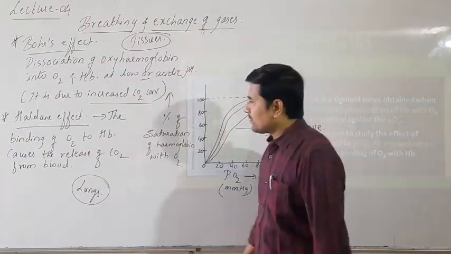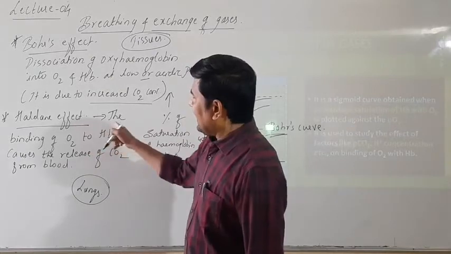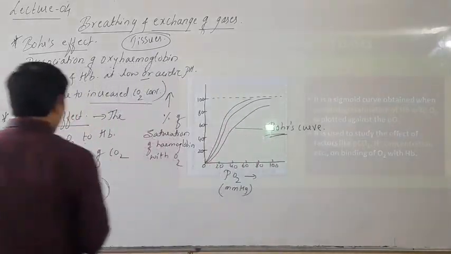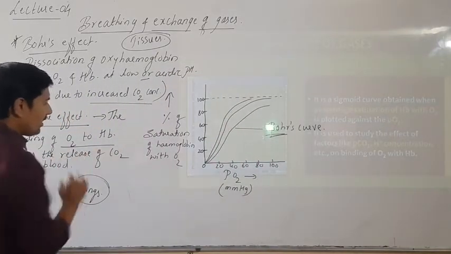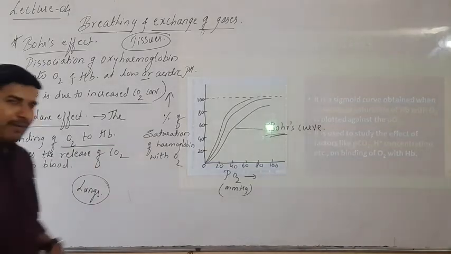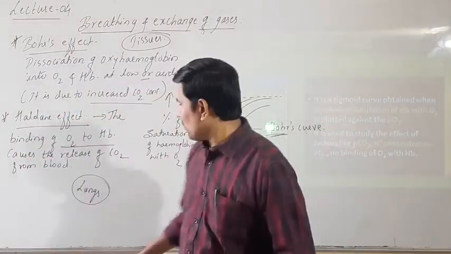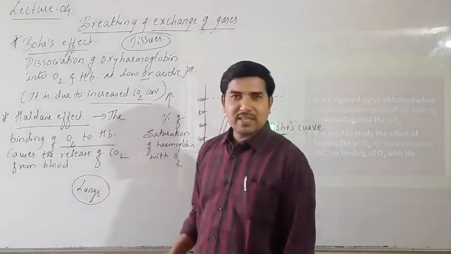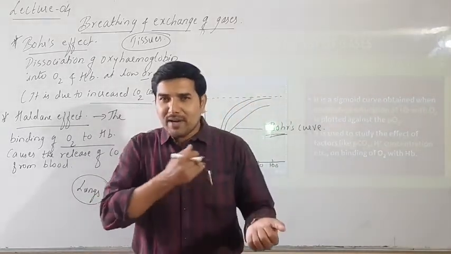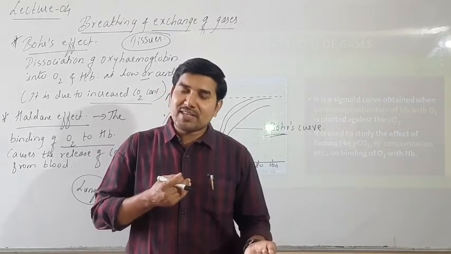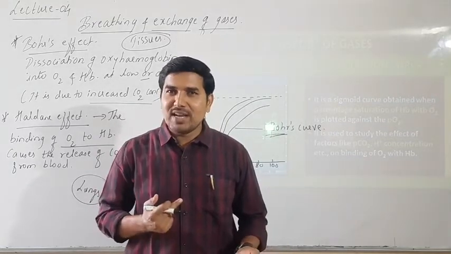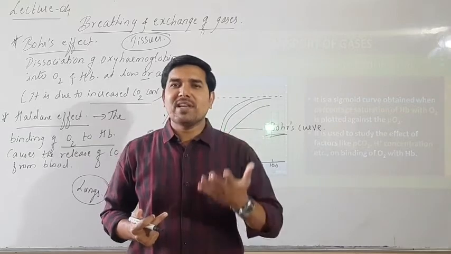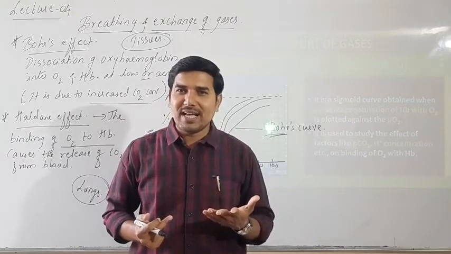What does it say? Haldane effect, the binding of oxygen to hemoglobin causes the release of carbon dioxide from the blood. That means from the blood where the carbon dioxide concentration is more, that comes towards the lungs, carbon dioxide has to be released outside, which is called the Haldane effect.